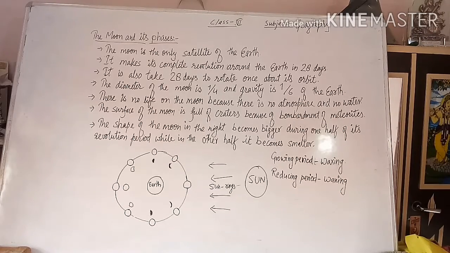First, the moon is the only natural satellite of the Earth, and it is 3,84,400 kilometers away from the Earth.